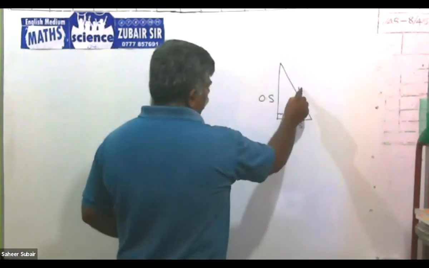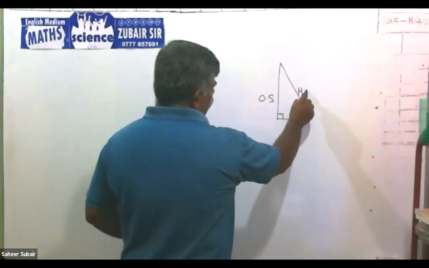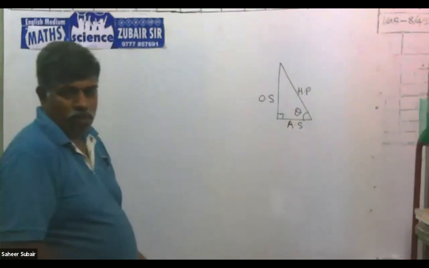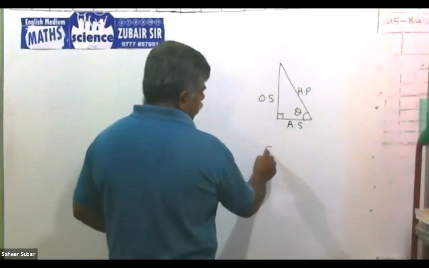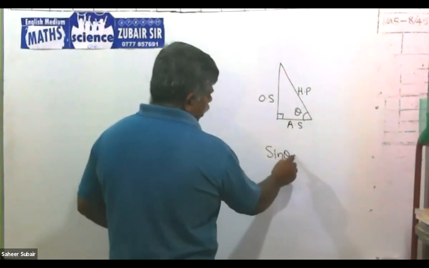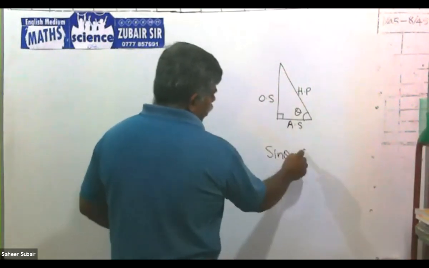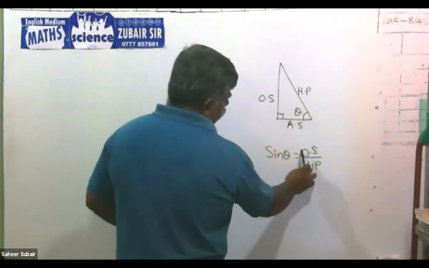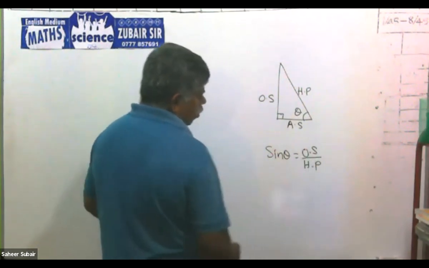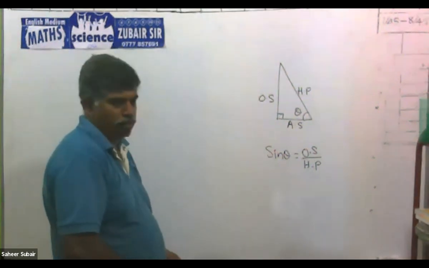Opposite to the right angle is called the hypotenuse. So, this is the hypotenuse. Then sine theta is the ratio between the opposite and hypotenuse.